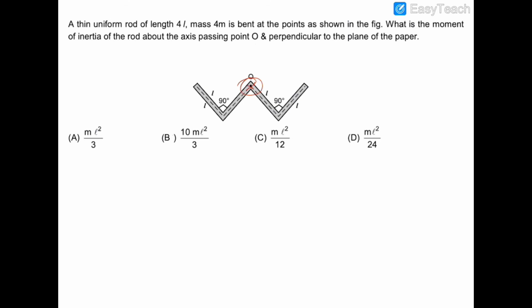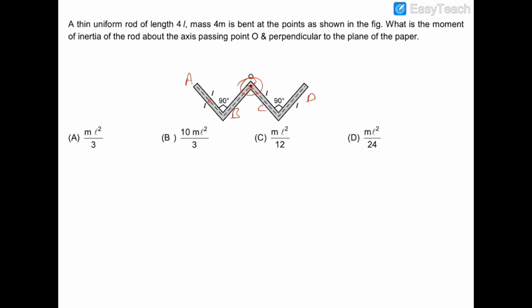So let's suppose this part of the rod is A. Now the second part is B, this is the third part, and this is the fourth part.